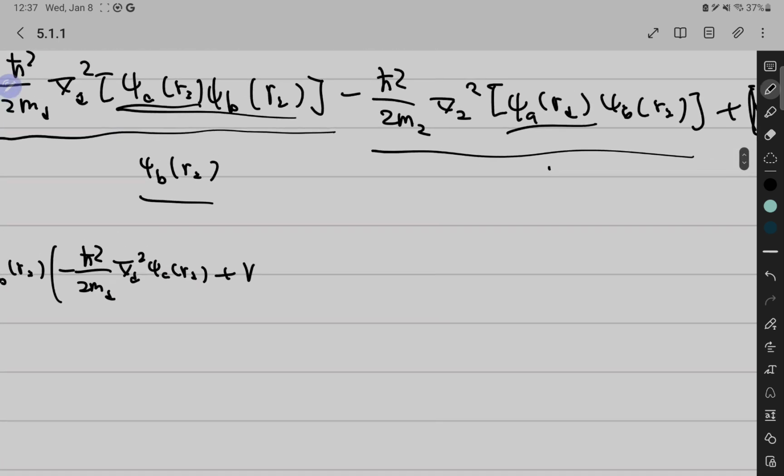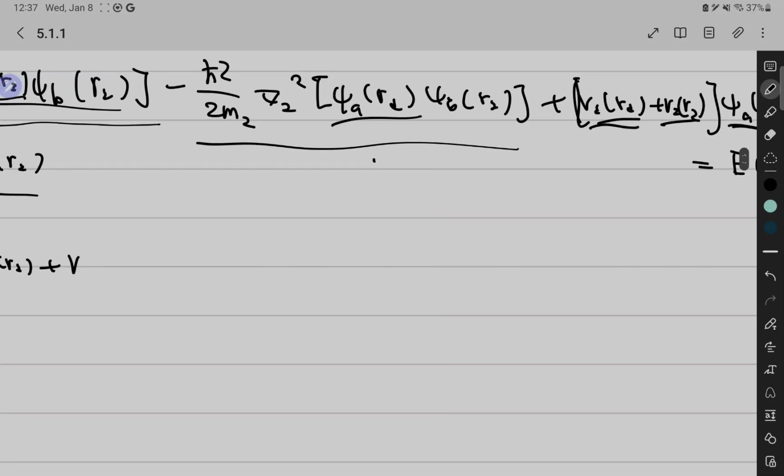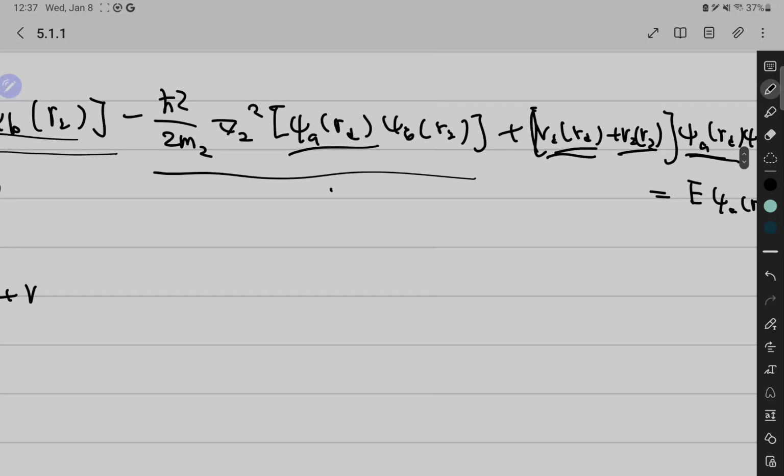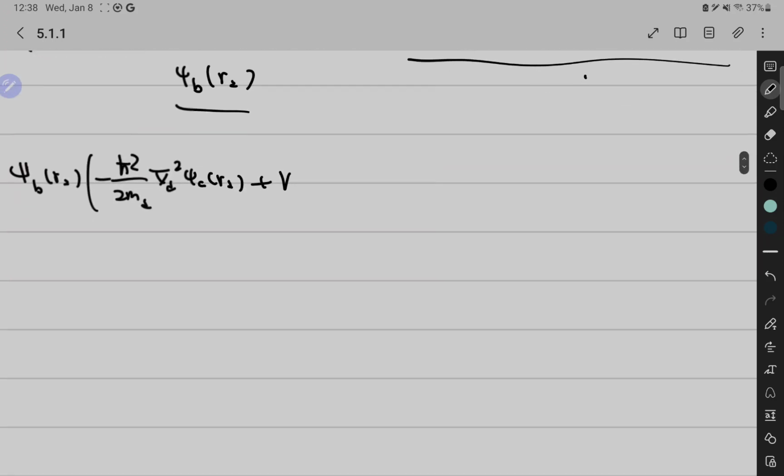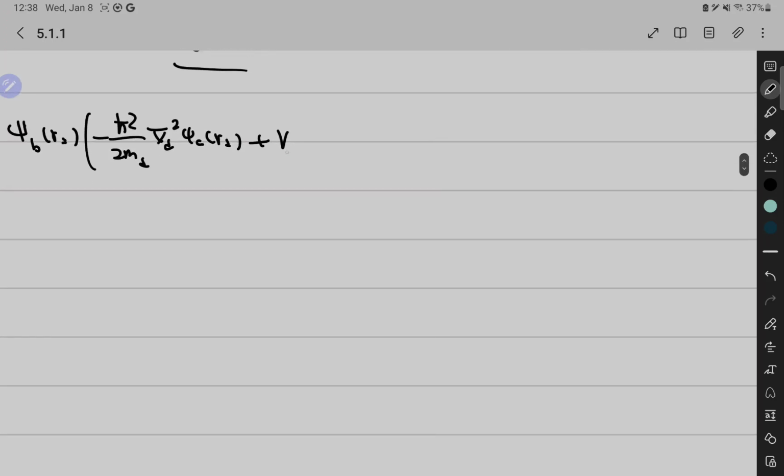So particle 1 with particle 1, particle 2 with particle 2, kinetic 1 with potential 1, and kinetic 2 with potential 2, plus V1(R1) phi A(R1). I recommend you maybe pause the video and continue to write this and then compare with what I write down and see if you are correct.